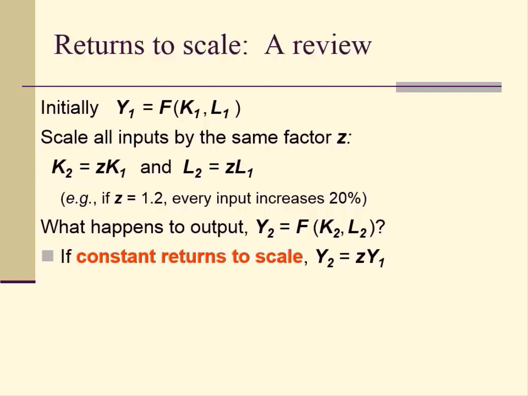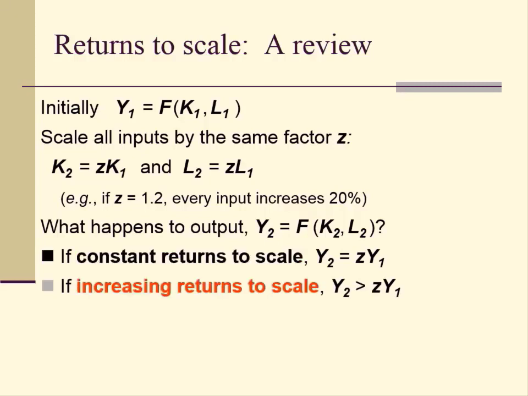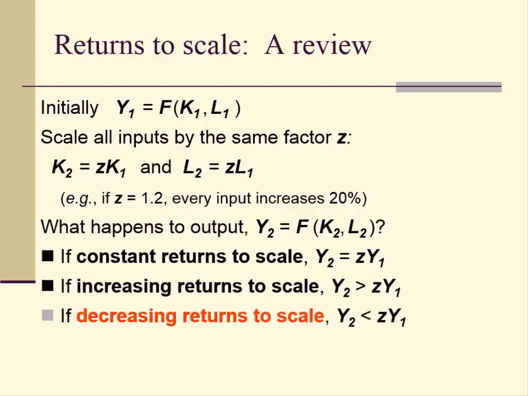On the other hand, when there's increasing returns to scale, that means when you multiply both inputs by Z, the increase in output is such that Y sub 2 is more than Z times Y sub 1. And finally, if there's decreasing returns to scale, Y sub 2 should be less than Z times Y sub 1. So to summarize, if there's constant returns to scale, then Y sub 2 equals Z times Y sub 1.